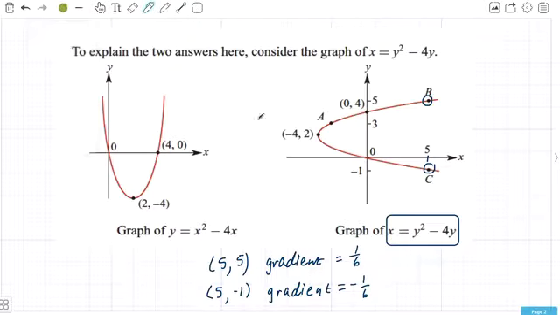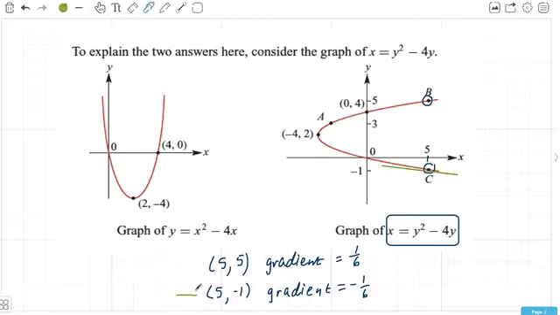The first thing you'll notice is at point C, the negative point, which is (5, -1). The gradient is negative a sixth, and it's a negative gradient because if I draw a tangent line through that point, it will be a negative slope.